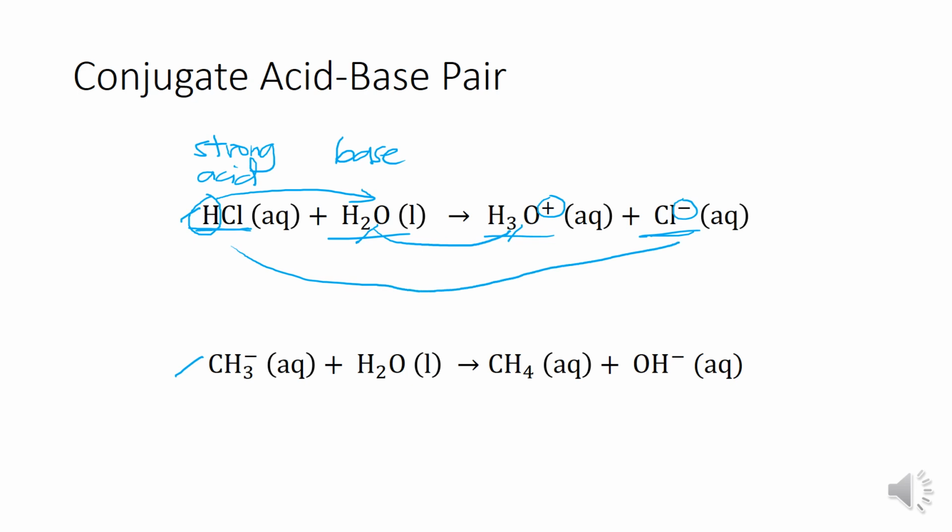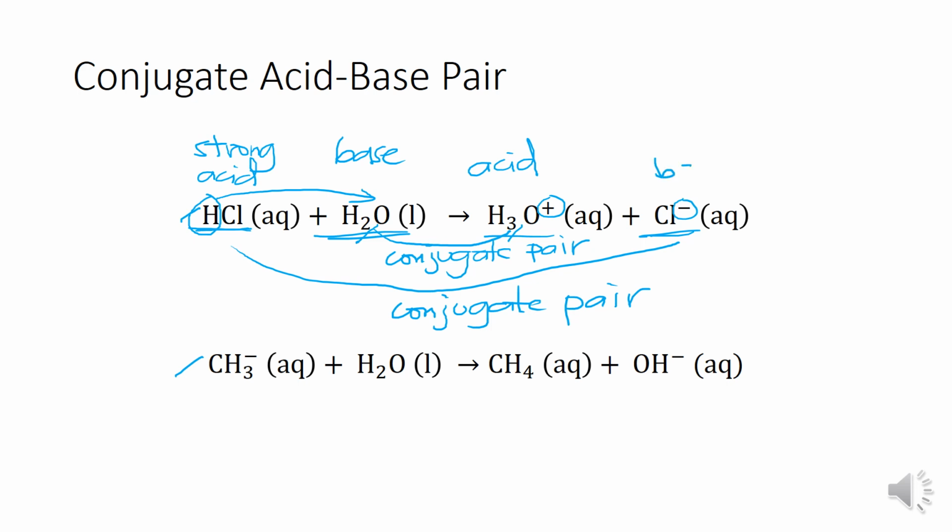So therefore, we can say that water and hydronium ion is a conjugate pair, where, since water is a base, the hydronium ion is an acid. In the same manner, hydrochloric acid and chloride is also a conjugate pair. Now, since hydrochloric acid is an acid, then we can conclude that chloride is a base.